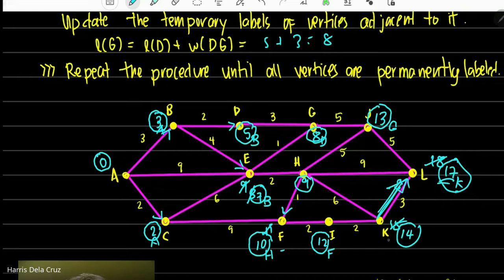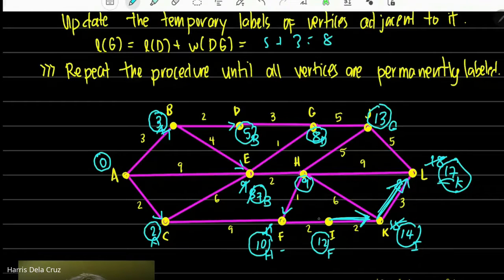Mula kay K, manggaling ka kay, hindi ko nalagyan ng subscript, pero ito galing kay I itong value na 14. Mula kay K, manggaling ka kay I. So, it's very important na properly labeled mo or tatandaan mo kung saan nanggagaling yung temporary labels mo para matrack mo kung saan ka dadaan.